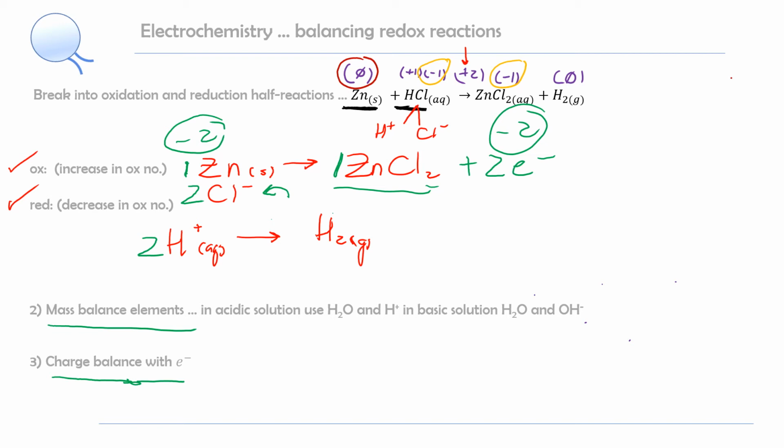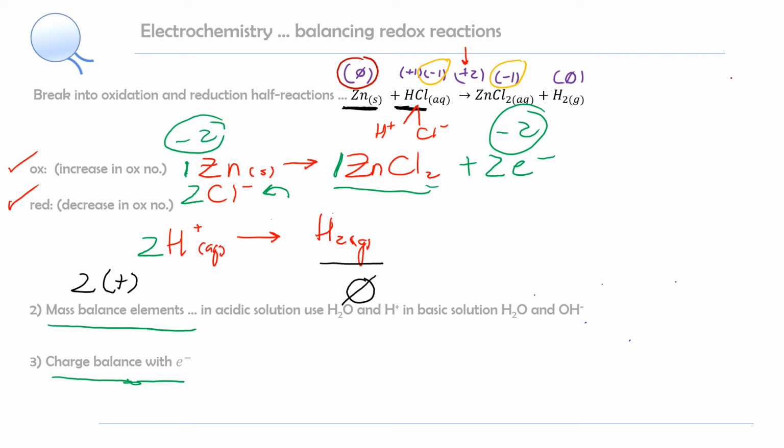Okay, charge balancing the reduction half reaction. You're always going to add electrons as reactants. Right now the right side is neutral. Currently on the left side you have 2 positive charges.